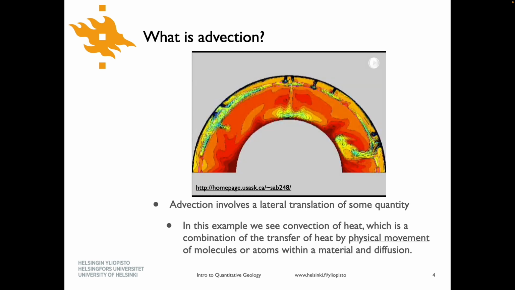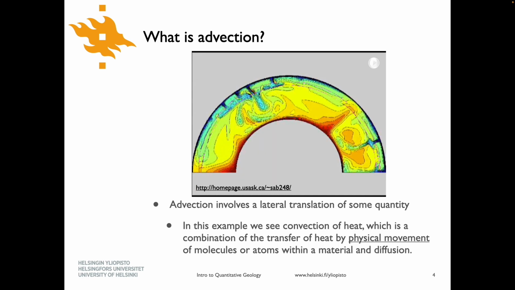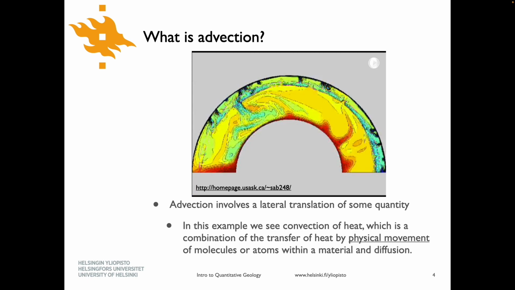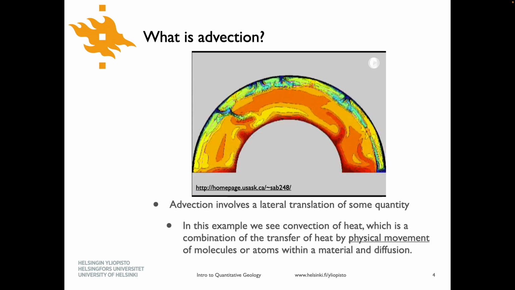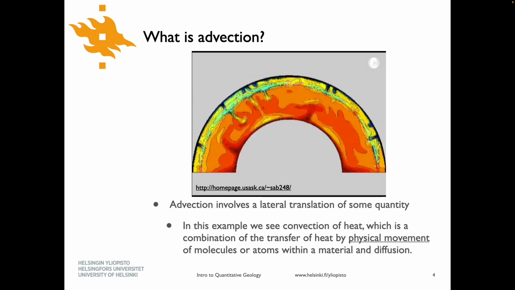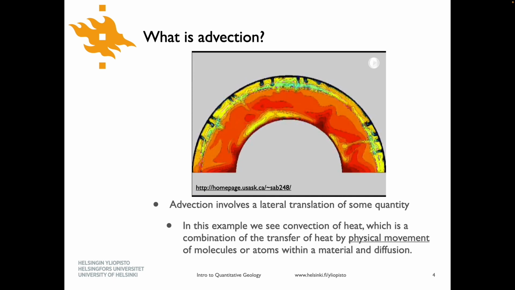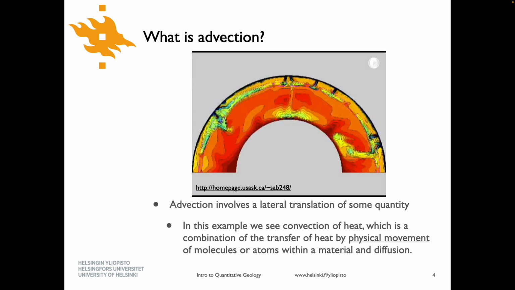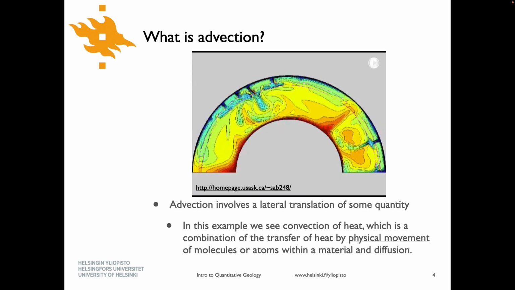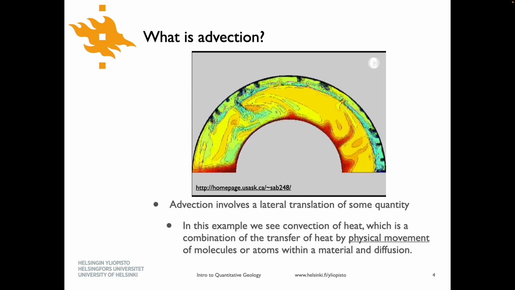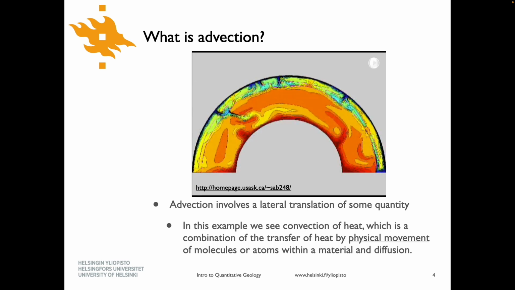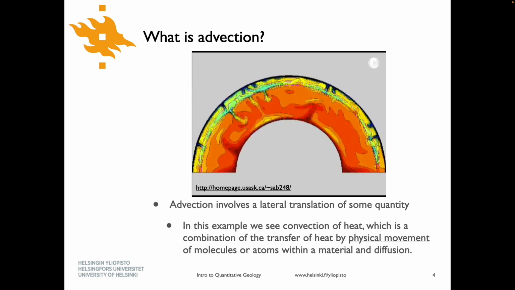The reality is that what we're looking at in a model like this is not just advection, but a combination of advection and diffusion, because typically when you move a fluid that's relatively warm, for instance in the mantle from down near the core mantle boundary up toward the surface, the surrounding rock would be colder.